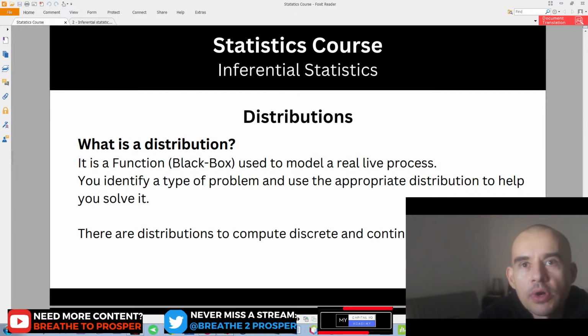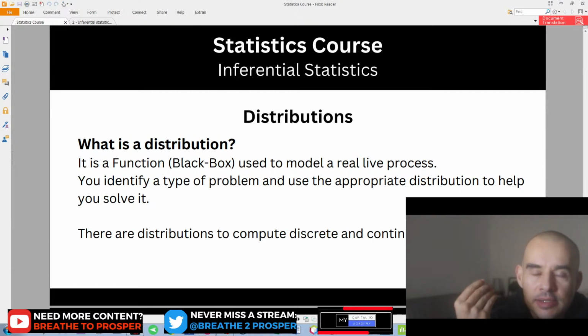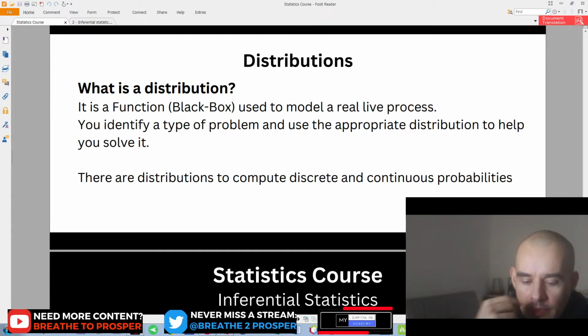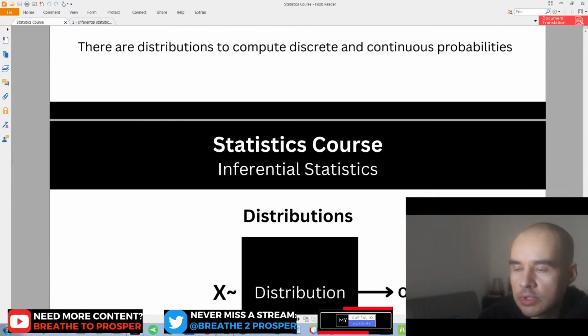There's one concept that is important to know: in statistics, most likely you will find in tests and exams that they show things to you in a way that seems like you have to come up with the calculations on your own, out of nothing. When in reality, your job as a statistician is to choose from the tools that you have available. And this specifically comes down to distributions. Let's continue this talk with distributions.